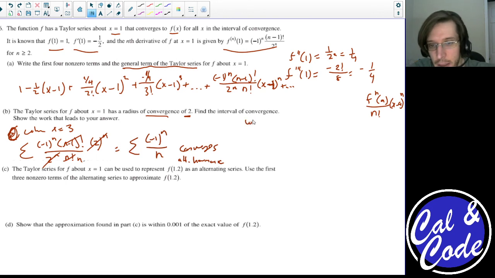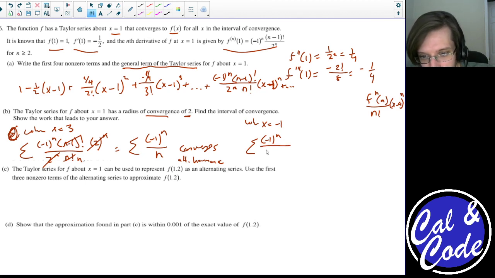But what about when x is equal to negative 1? Well, that will mean that I'll have the summation of negative 1 to the n. That n minus 1 factorial over n factorial will still reduce to an n. There's still a 2 to the n in the denominator. And now in the numerator, instead of a 2 to the n, is negative 1 minus 1 to the n, or negative 2 to the n.